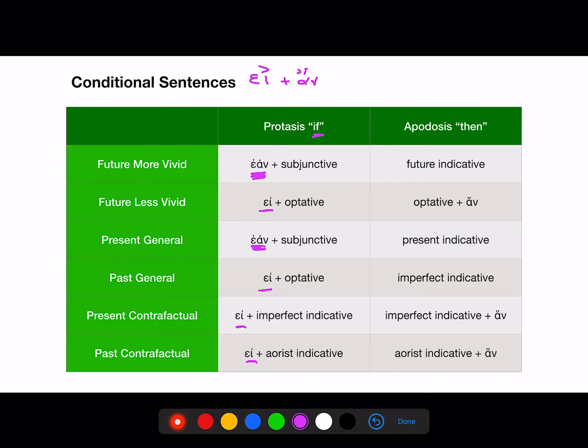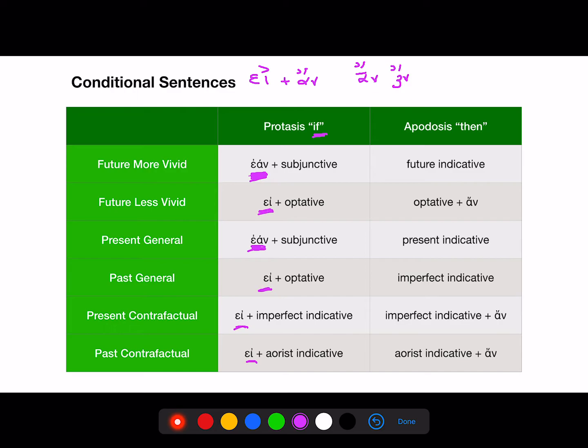And actually, there's an alternative to ean. You can also see it an with a long alpha, or an. Those are both contracted forms of ean. So in the protasis, they all have ean or an with a long alpha, or ei.